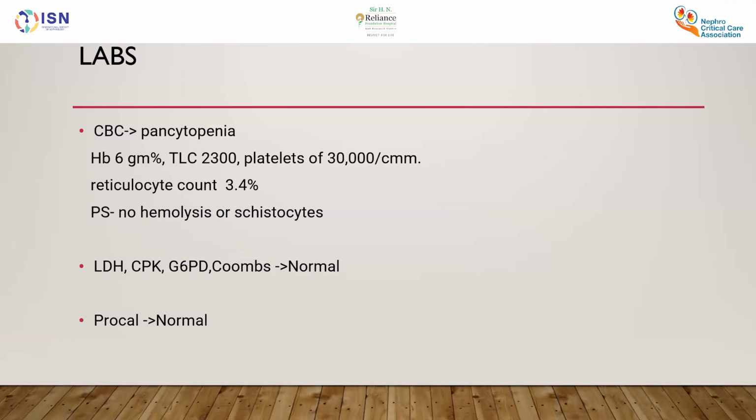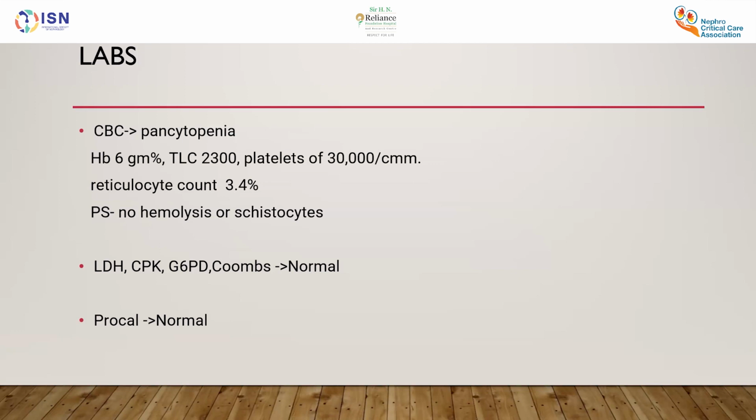Okay, anyone else? Narendra is online. Advait is there. Vikas. Come on, quick answer. Sir, I couldn't hear the question. If you could repeat it. Now we are asking: a young guy with 8 days of history of fever with chills, with cola-colored urine, which gives you pancytopenia, no proteinuria, normotensive, LDH, CPK, G6PD, Coombs all normal, no hemolysis or schistocytes, normal procalcitonin.